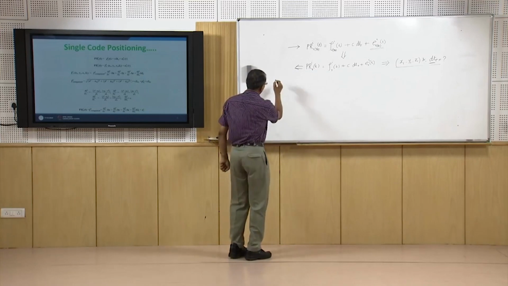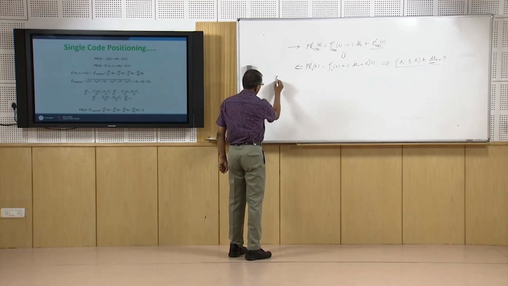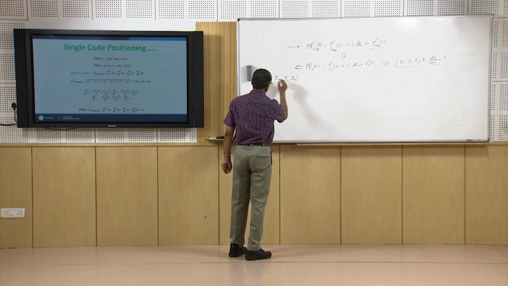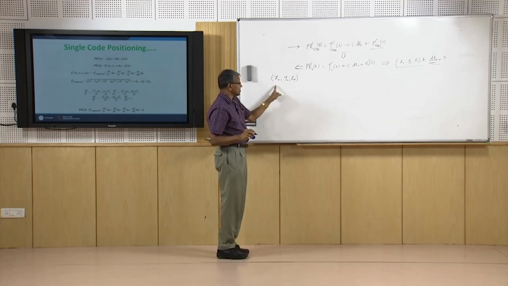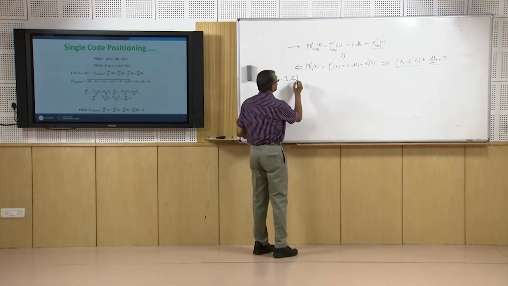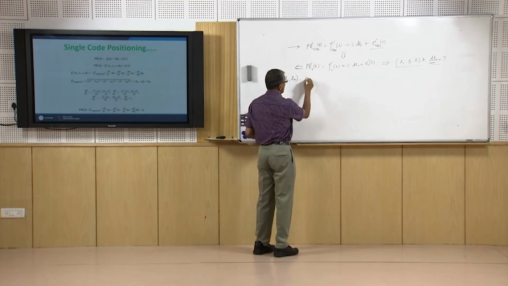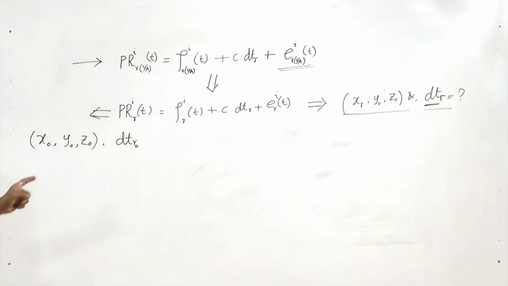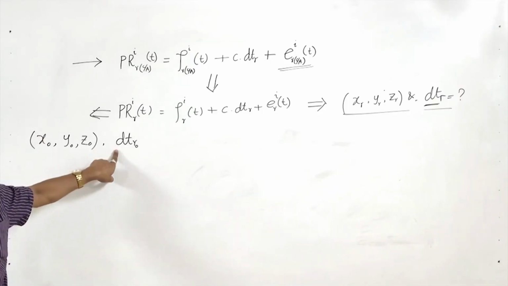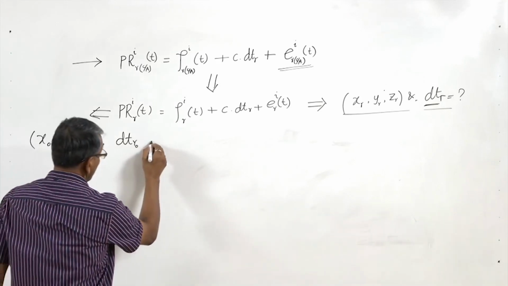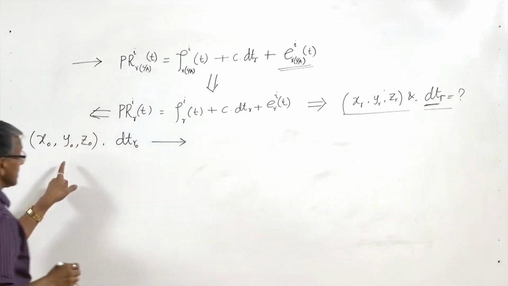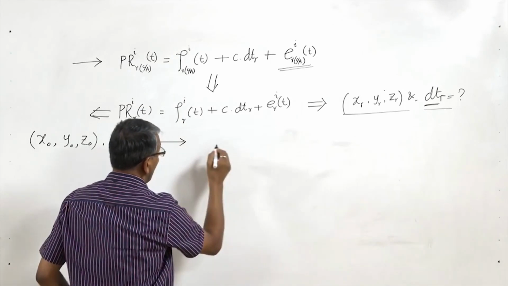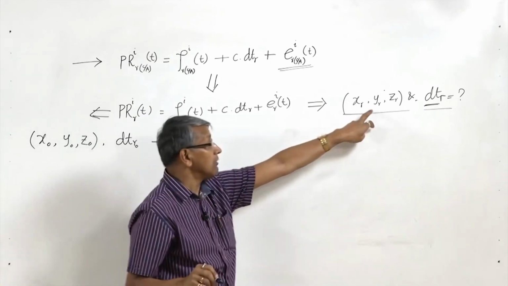But initially we can assume some value X0, Y0, Z0 which is the assumed position of the receiver, and DTR0 is the assumed receiver clock error. Now suppose this is the assumed value and this value differs from the actual value.